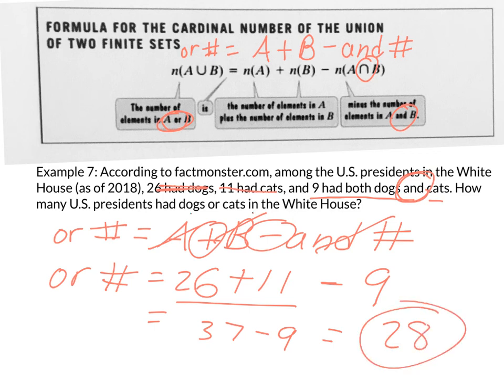But when you're looking through these word problems, when it's asking you for whatever scenario, when you see the word or in that question at the end, you're going to be able to use this formula. You'll add together the two sets, and you'll minus the number in the overlap every time, and that will give you the final answer. So 28 U.S. presidents had dogs, had cats, or had both of those animals.